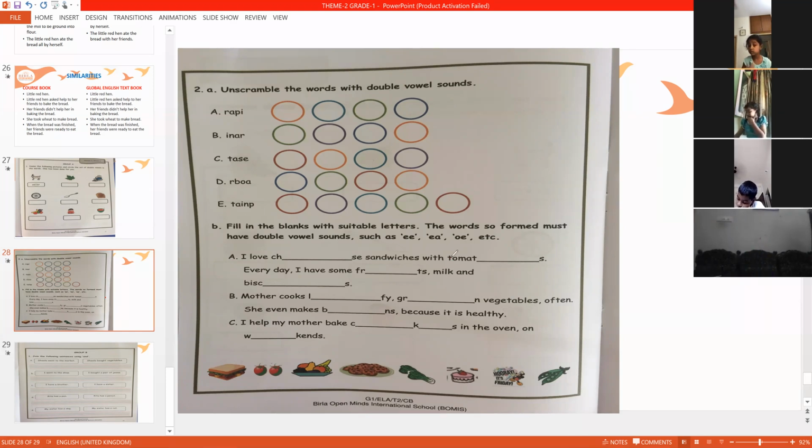R-A-P-I. So can you place all the letters in a proper order to make a meaningful word? Tell me. Come on. Pear. Very good. What is the spelling?